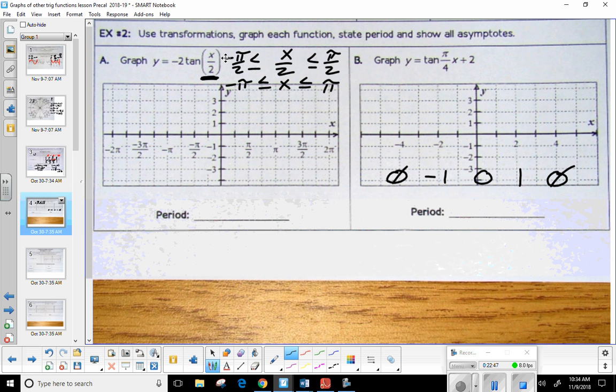That represented one period for tangent, from one asymptote to the other, right? Now, anything that's happening vertically, that's what's going to change these guys. The compound inequality takes care of the horizontal transformations. So what do you think I'm going to want to do to each and every one of these? What are my vertical transformations? What's outside my parentheses?